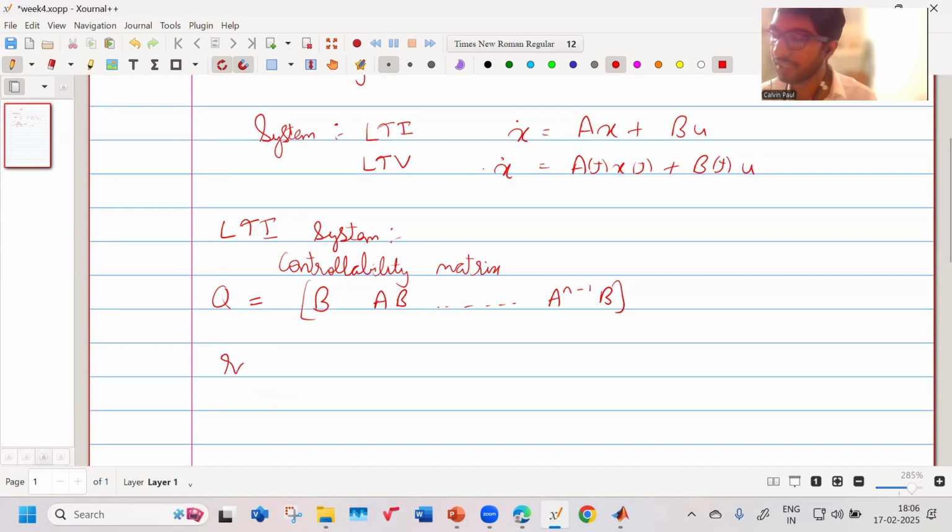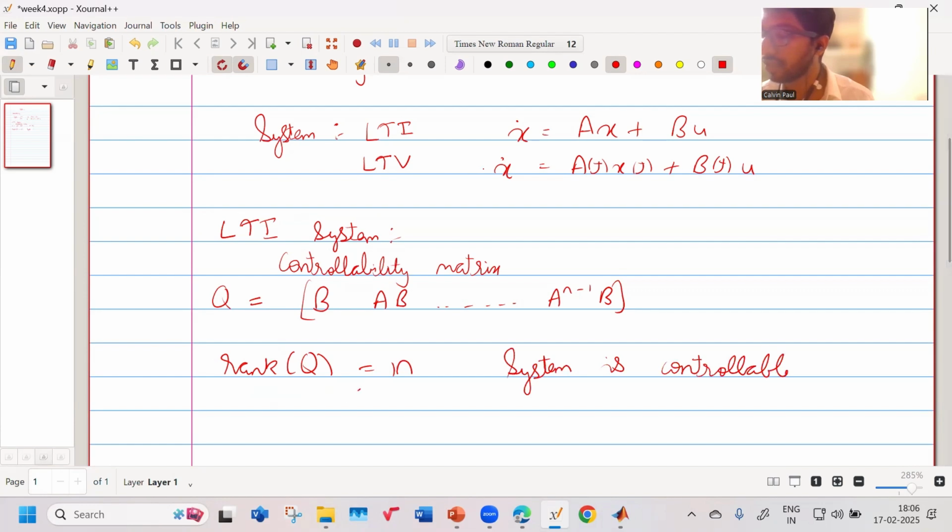If the rank of Q is equal to N, then we say that the system is controllable. But if the rank of Q is less than N, then the system is uncontrollable.